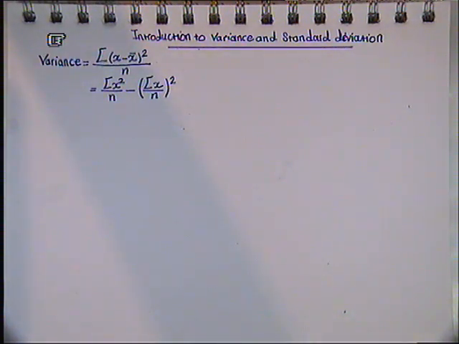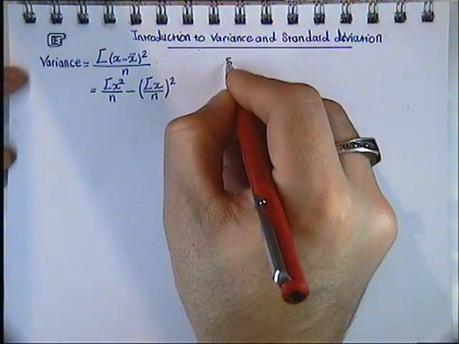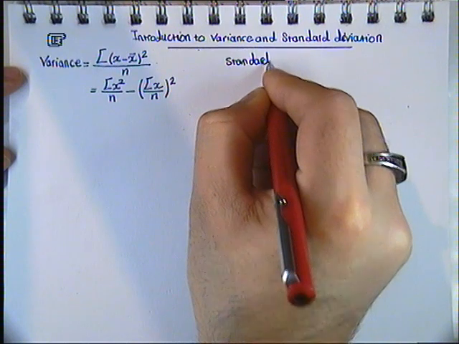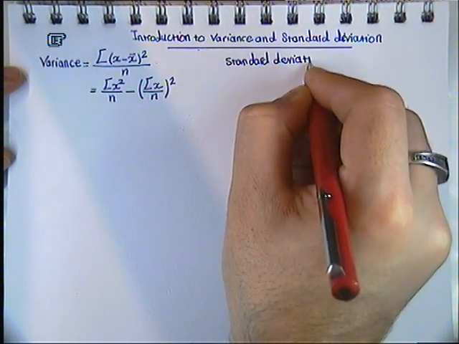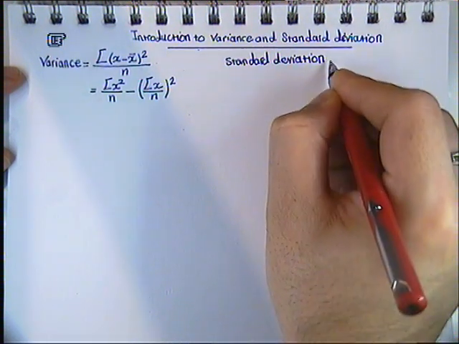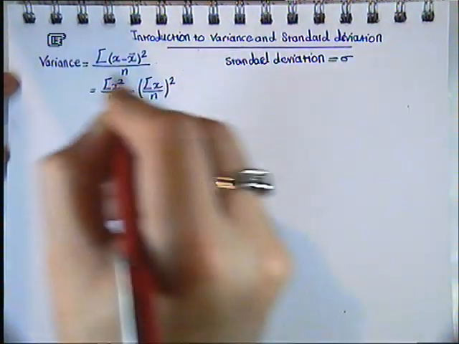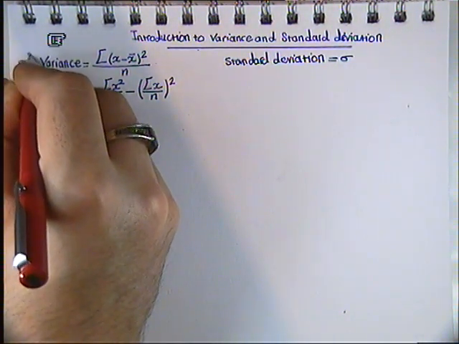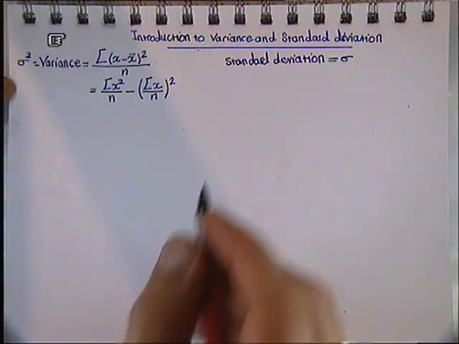Okay, so if we want to work out a standard deviation, which we represent with sigma. However, we represent variance with sigma squared, lowercase sigma, which is a Greek letter.